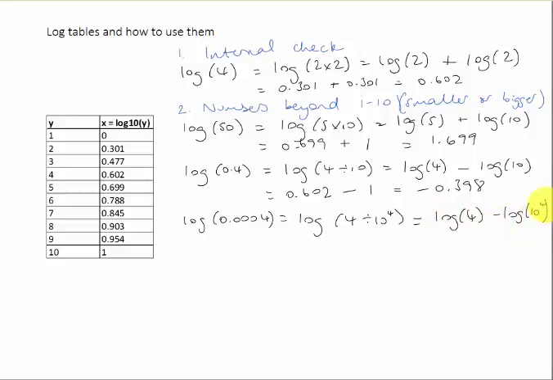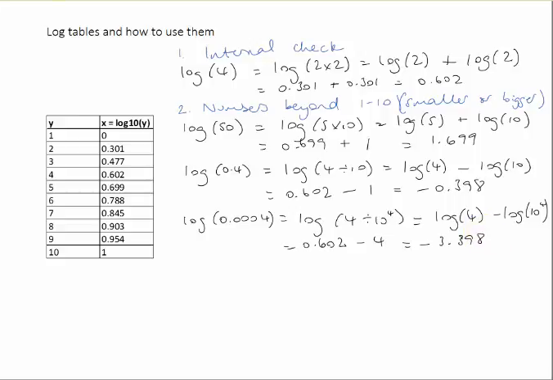The log of 10 to the 4 is 4. So that's 0.602 minus 4, so that's minus 3.398. So you'll notice that this 398 is the same for the log of 0.4 and the log of 0.0004. That's an interesting point we'll come back to.